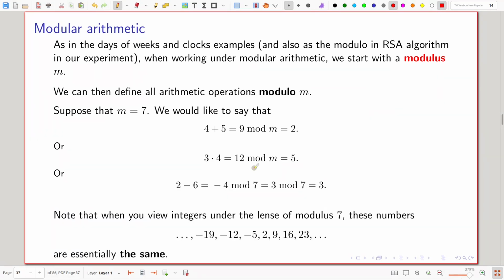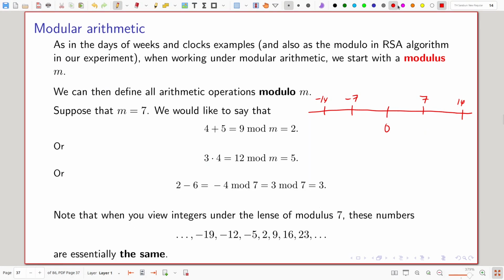So if you take mod 7, all these numbers will be the same: 2, 9, 16, minus 5. Why is it the same? Let me draw it again. If you do everything mod 7, 0 is here, 7, minus 7, minus 14, 14, right?